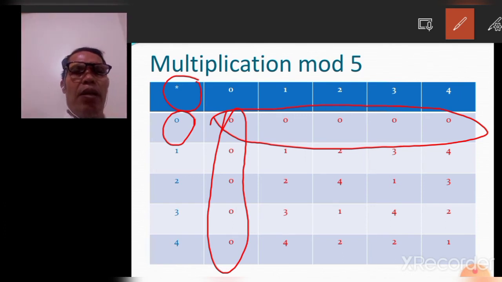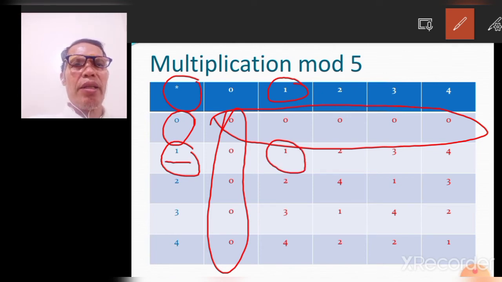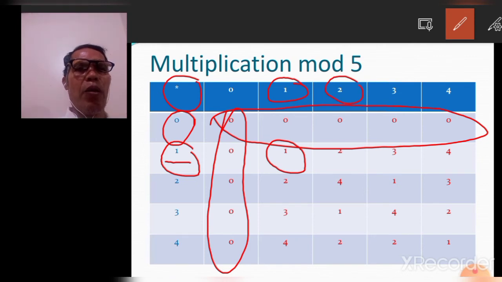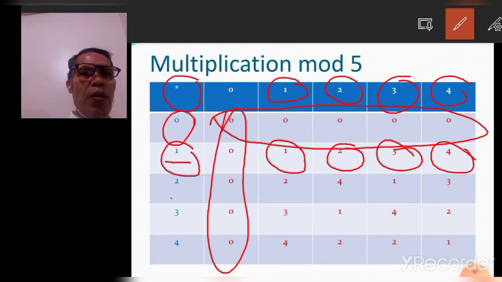Now, blue 1 times 1 white is equal to 1 red. 1 blue times 2 white equals 2 red. 1 blue times 3 white equals 3 red. And 1 blue times 4 white equals 4. That is elementary, and that is the property of multiplication, that when you multiply any number by 1, the result is equal to the number being multiplied.